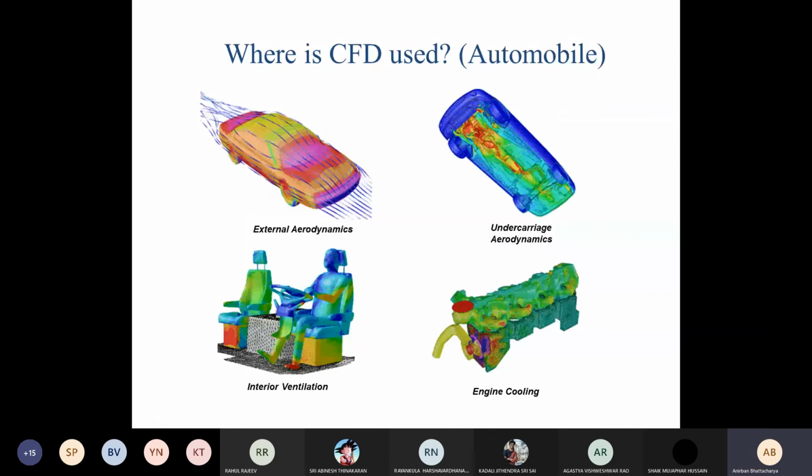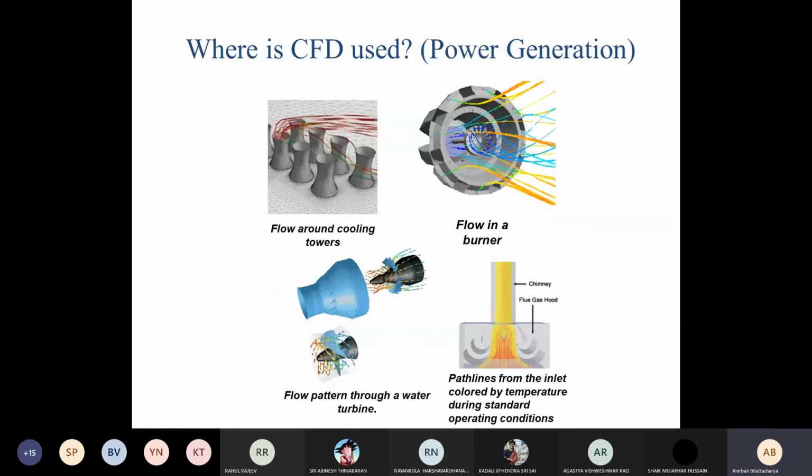So aerospace, automobiles, then power generation is another very important engineering area. Again, there are various areas in power generation, like flow through a turbine, steam turbine or water turbine. Flow through the turbine, flow around the turbine blades.